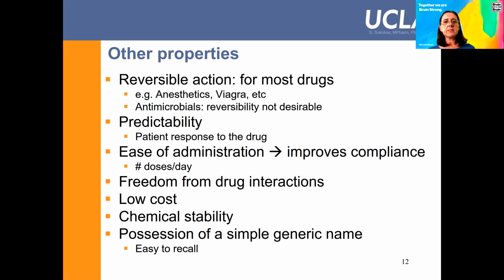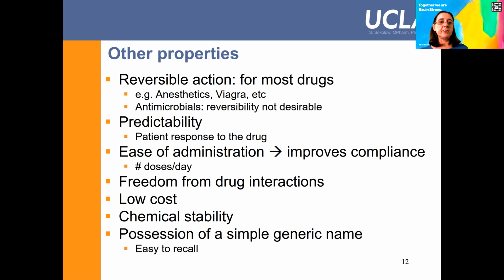Other properties that are important in the development of drugs are the reversible action. So most drugs have a reversible action. Once they bind to their target, they act, and then the effect of that binding is reversible. An example that is easier to understand when you describe reversibility is to look at anesthetics.